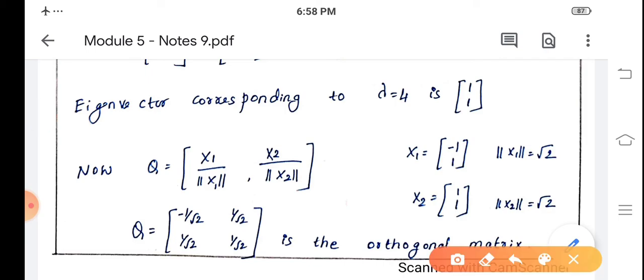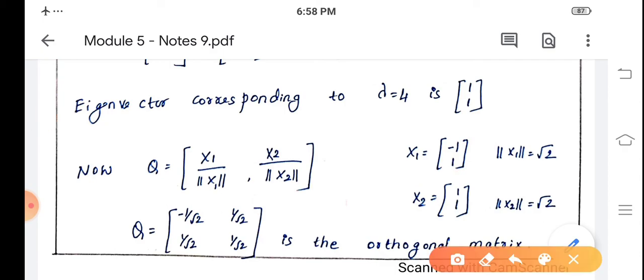So the required orthogonal matrix is a matrix with normalized eigenvectors. That is, the first column is x1 divided by norm x1, and the second column is x2 divided by norm x2. The eigenvector corresponding to the first eigenvalue is x1 equal to minus 1, 1.